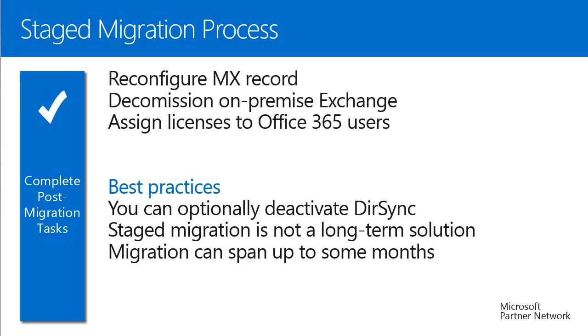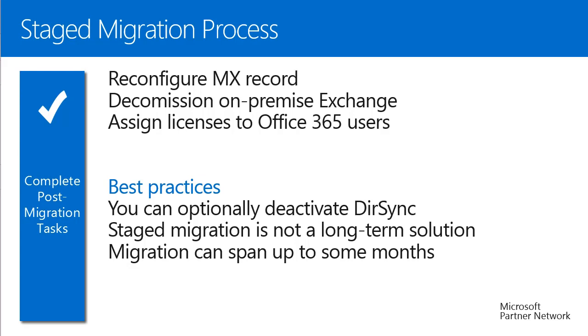If we haven't done this previously, then we also need to assign licenses for the Office 365 users, which are created by the directory synchronization during the migration process. If you don't need the directory synchronization tool in the future, you can deactivate it. So you can administer your Office 365 users in the Office 365 portal.